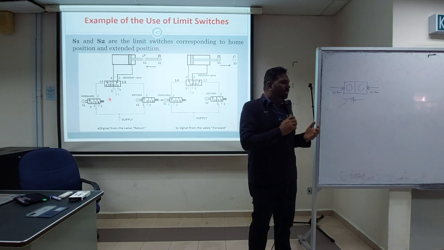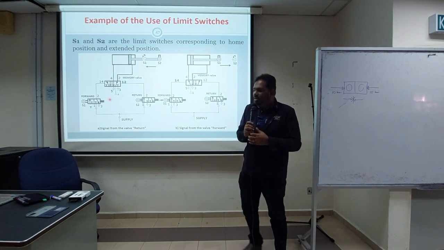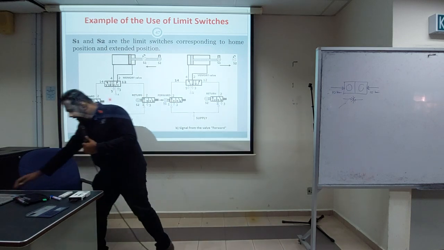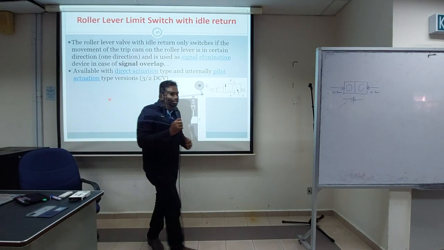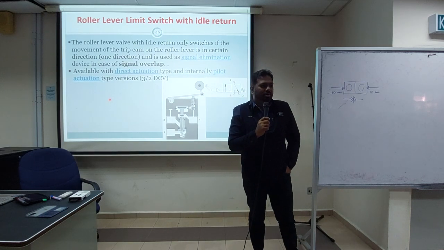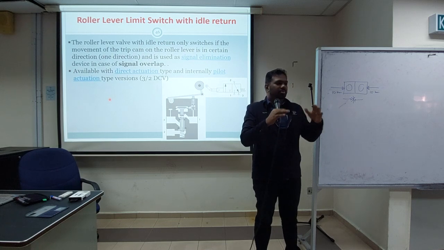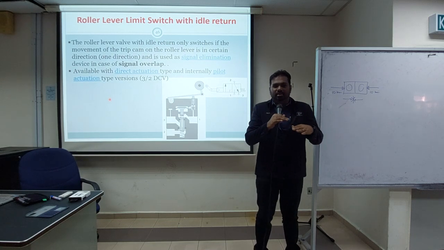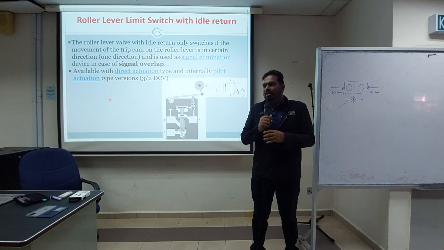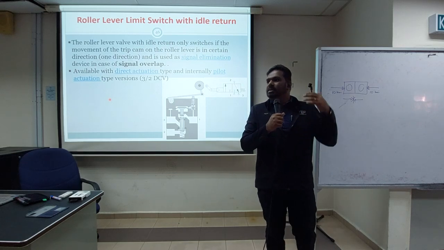So what do you need to do as an engineer? There is a keyword here. This we call signal overlap. Overlap means overlapping. Okay, there are two inputs. So what do you need to do to make the cylinder extend?